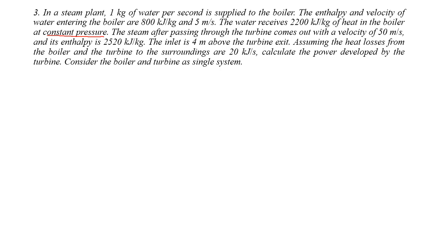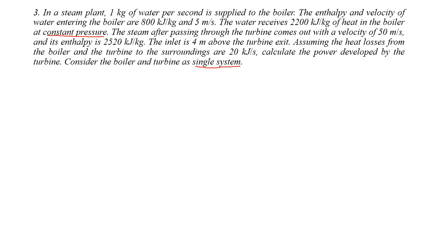Assuming the heat loss from the boiler and turbine to the surroundings is 20 kilojoule per second, calculate the power developed by the turbine. Consider boiler and turbine as a single system. Note down this word.